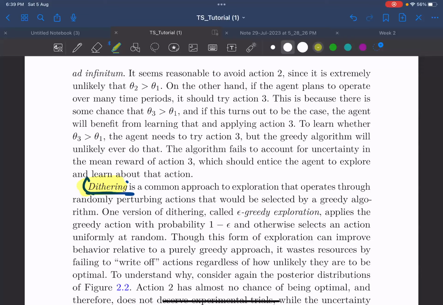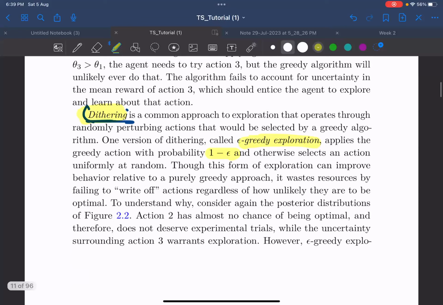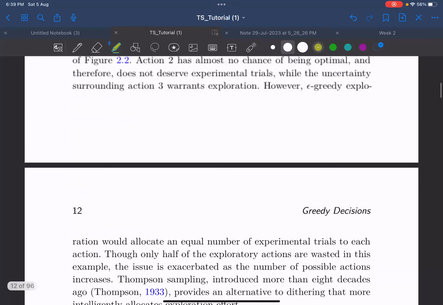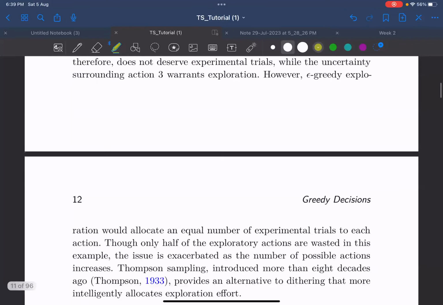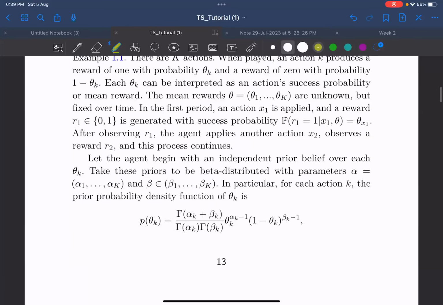And epsilon greedy is one of the dithering approaches that we are studying here. Basically, 1 minus epsilon times we have to explore, and epsilon times we have to exploit. So this was the graphical view which I told you, so that you can get a better understanding. You have the link of this now.